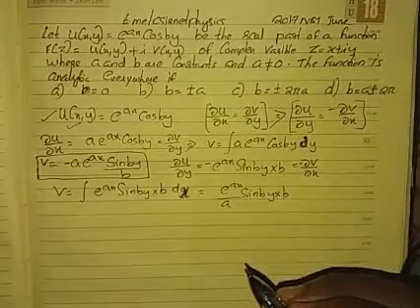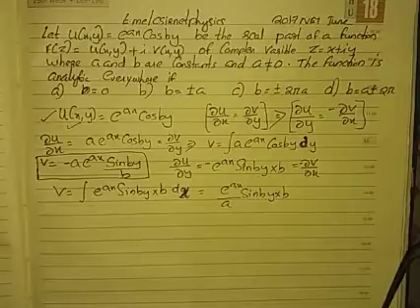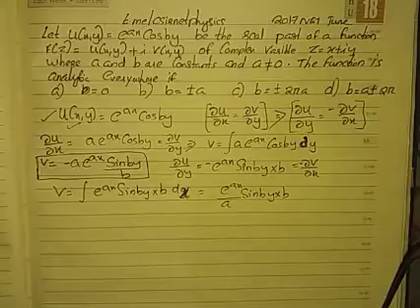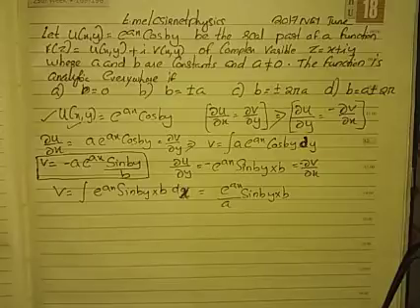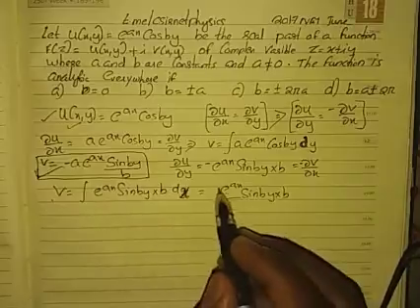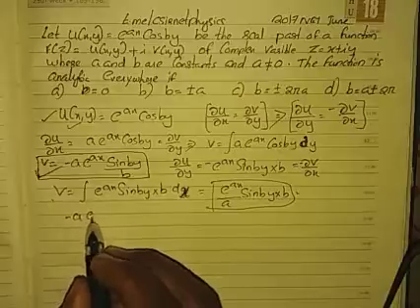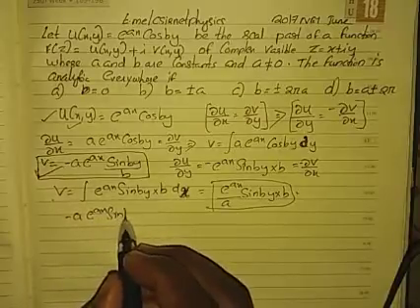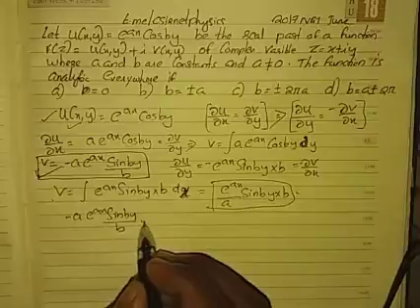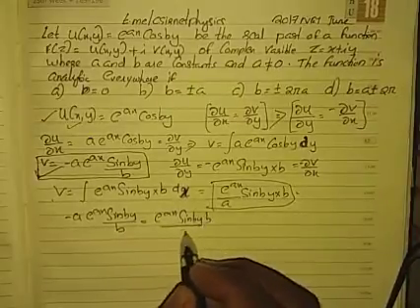Now we got two equations for v in terms of both a and b, which means we can relate them. We compare the first equation with the second: a e raised to ax sine by divided by b must be equal to b e raised to ax sine by divided by a.